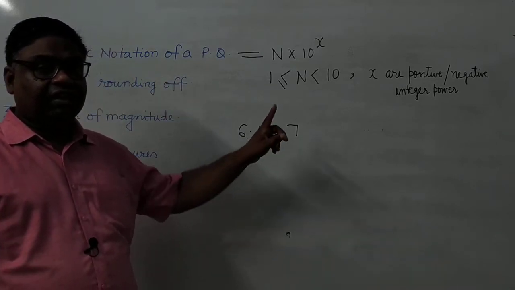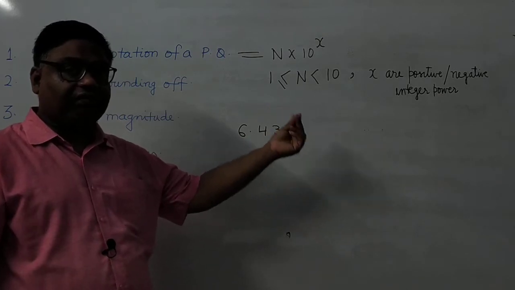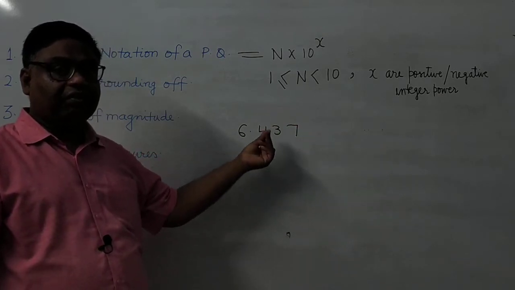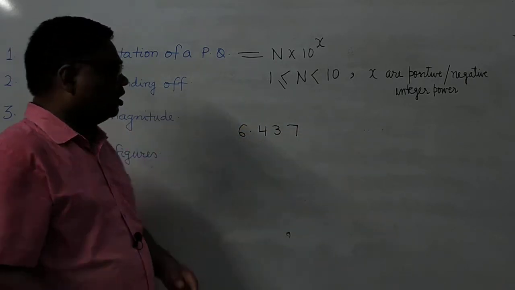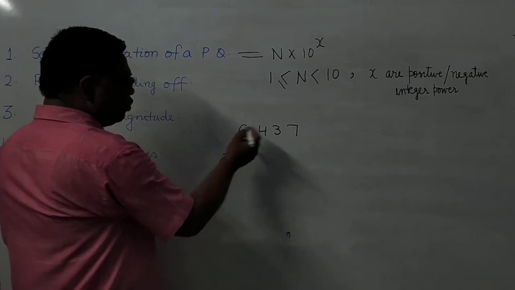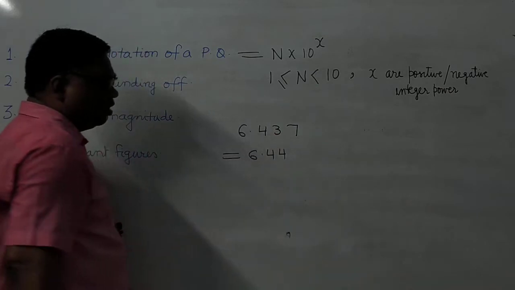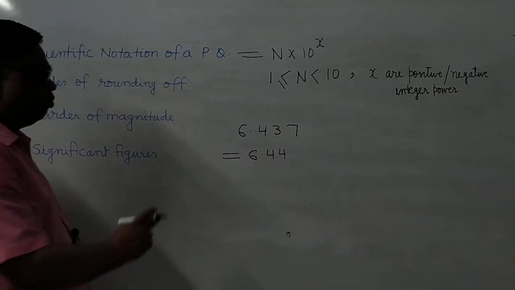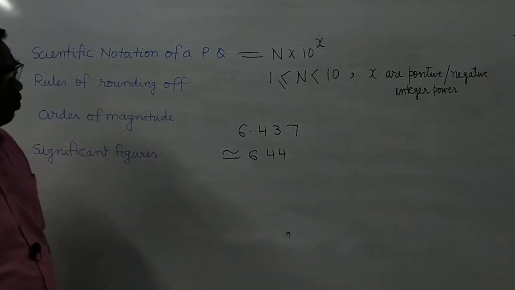If the place which we are rounding off is greater than 5, then we will add 1 in the preceding digit before dropping it. So when you have to round off up to 2 decimal places, it will be 6.44. It will be 6.44, means its value will be nearly 6.44.